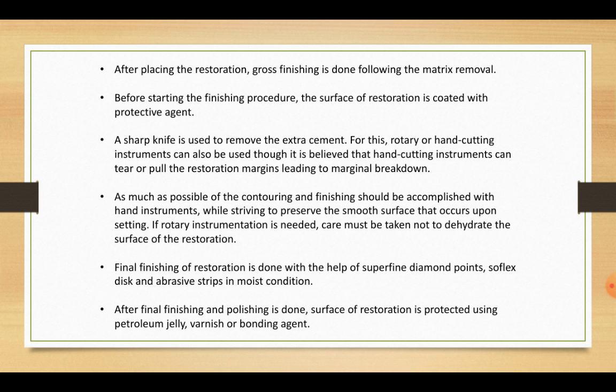So basically we need to lubricate the surface with the help of a surface protecting agent to avoid the desiccation of the surface while we are doing the finishing of the surface with the help of a hand instrument. If this step is carefully followed, then tearing or pulling of the restoration margins will not occur.